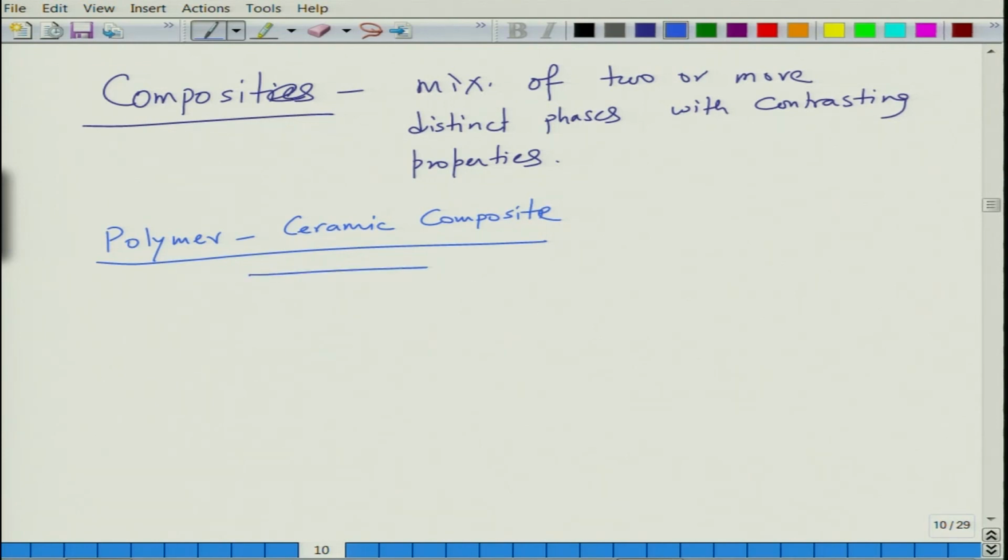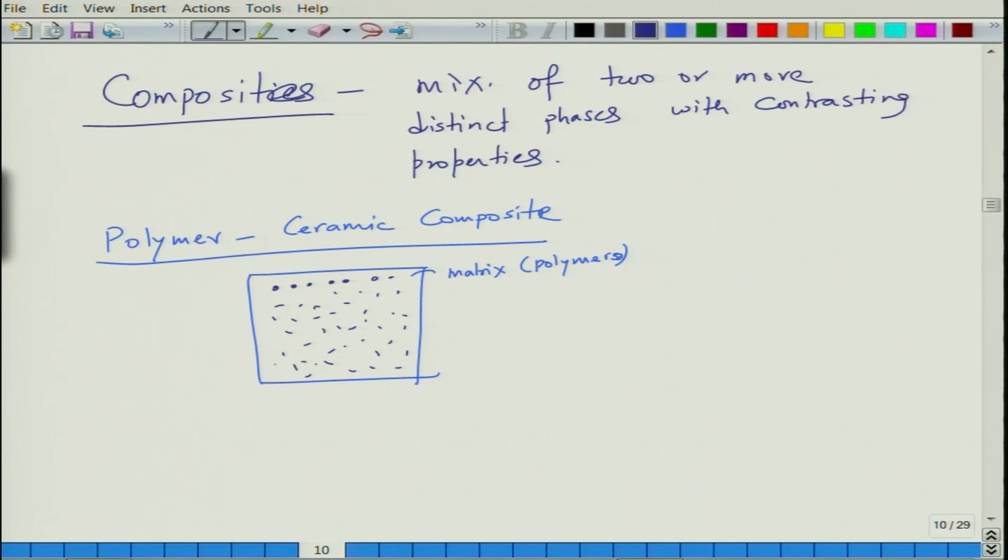What might happen is that you may have a polymer matrix, which means the bulk of the material is polymer. In this, you add small particles of ceramic. So, this is called a ceramic filler, or let us say reinforcement.